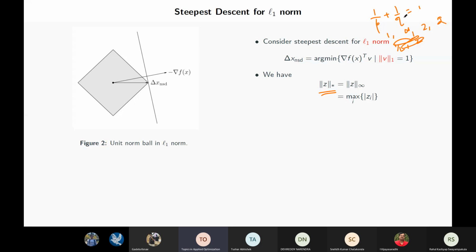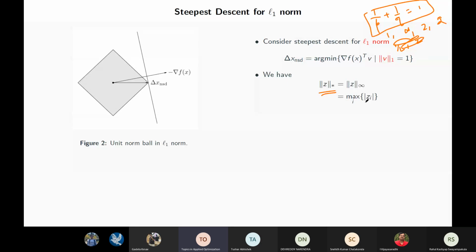That's why the dual of 2 is 2, the dual of 1 is infinity, and the dual of infinity is 1. Okay, so basically they have to satisfy this. So in this case, the dual of 1 will be infinity. These are well-established things.